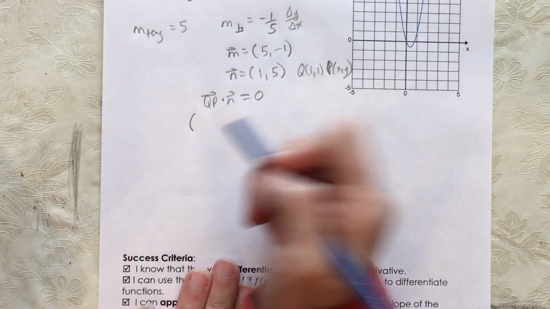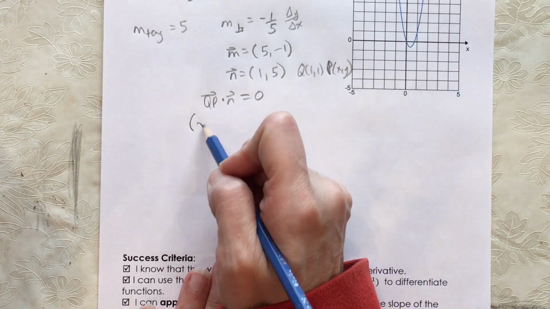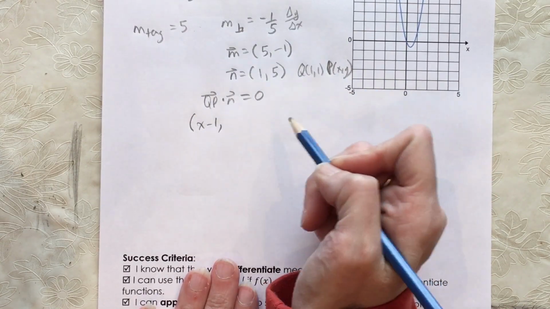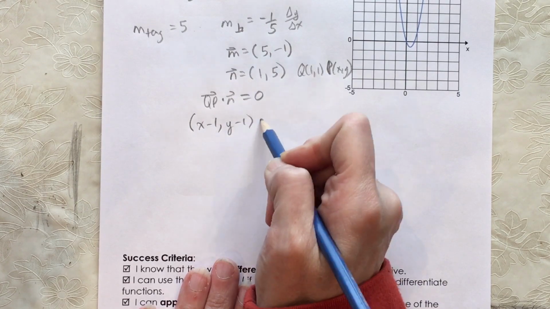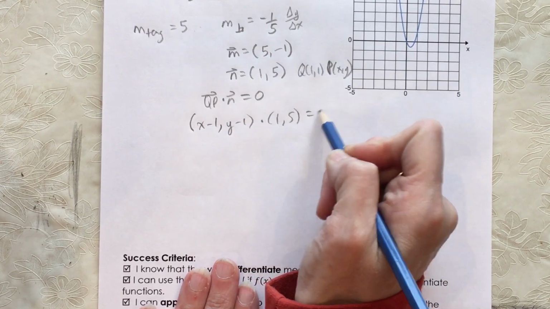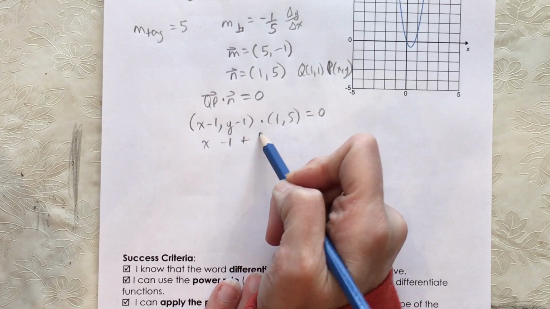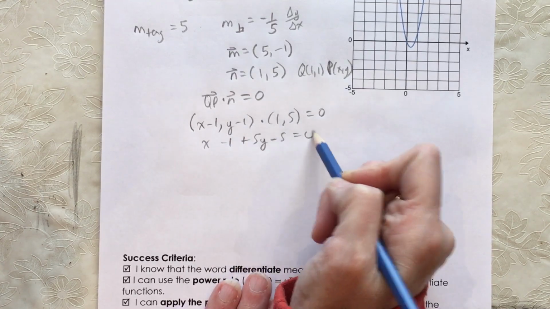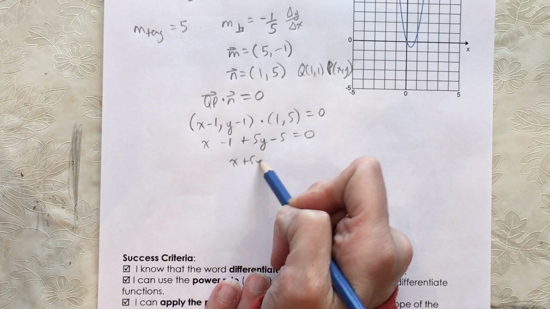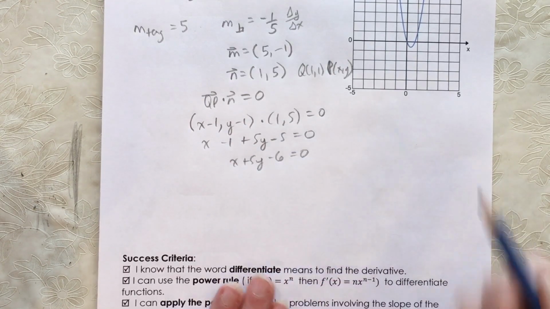So QP is going to be x minus 1, y minus 1, dotted with 1, 5 equals 0. X minus 1 plus 5y minus 5 equals 0. X plus 5y minus 6 equals 0.